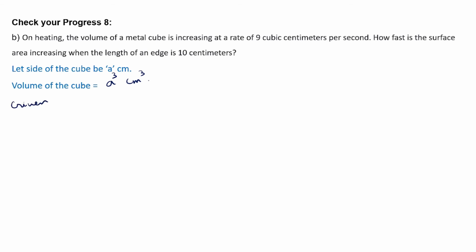Given, let us take volume of the cube as V. Given dV by dt is equal to 9 centimeter cube per second.